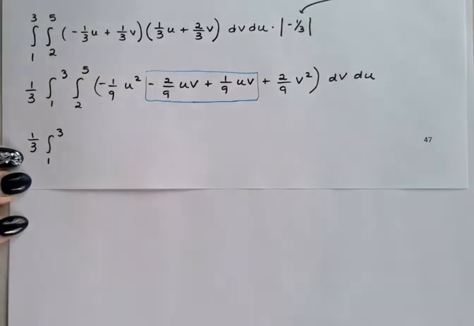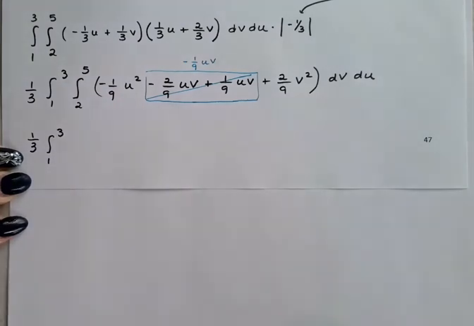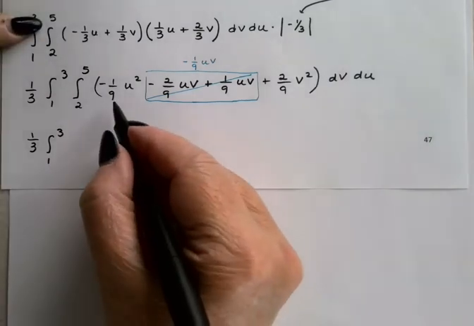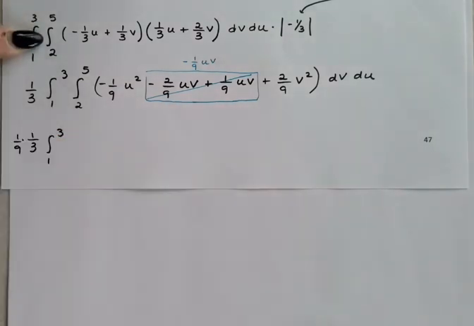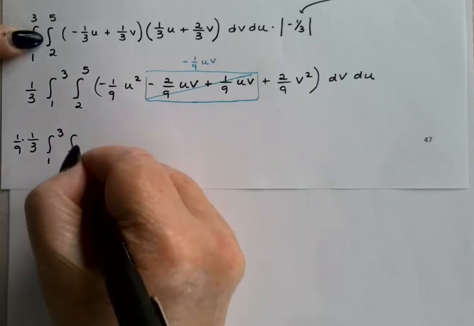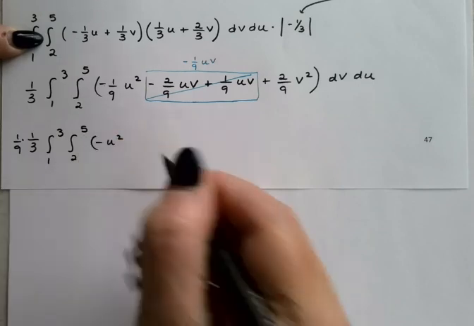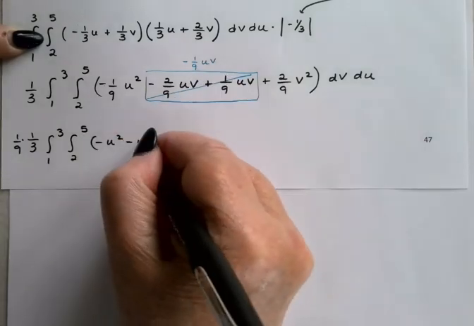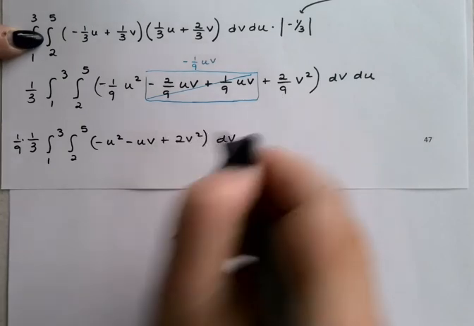That's really just a negative 1/9 uv. Actually, I'm going to write this out one more time. I'm going to pull out the denominator of 9 on all the terms, so a factor of 1/9. That'll make it a negative u squared, a negative uv, and a positive 2v squared. That makes it just a little bit prettier to integrate.